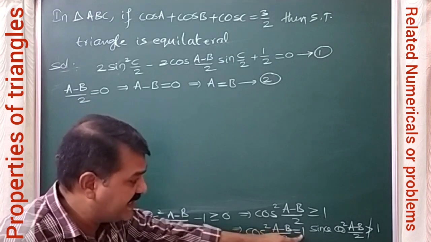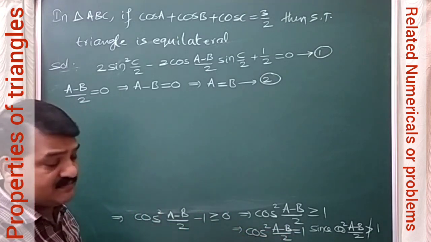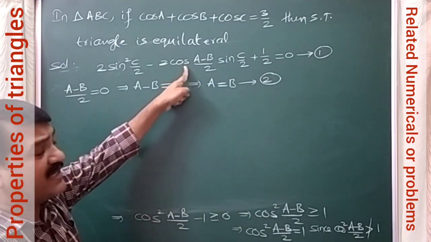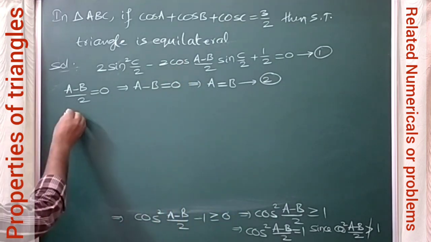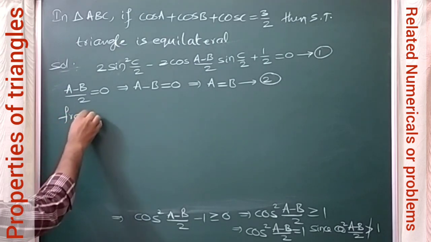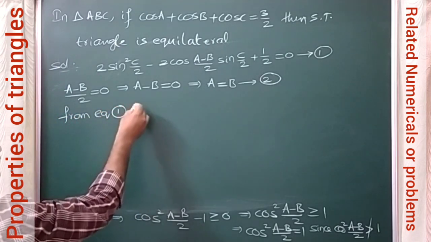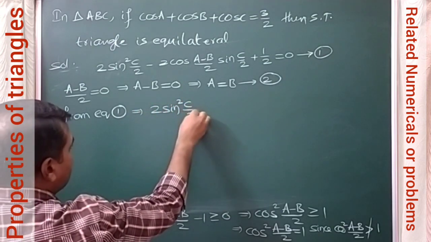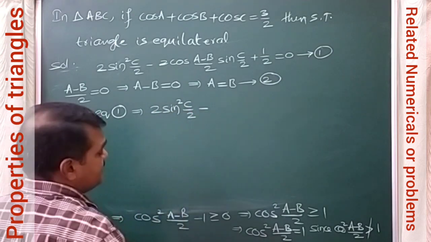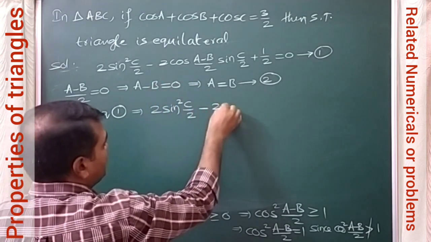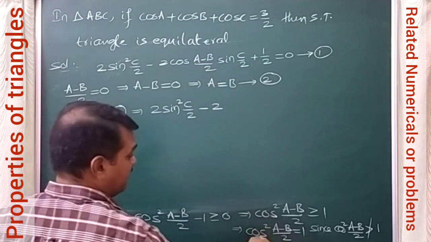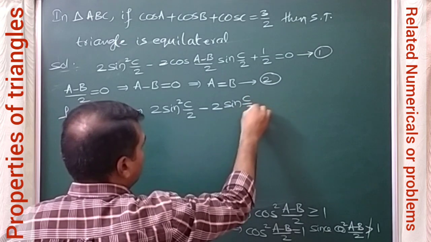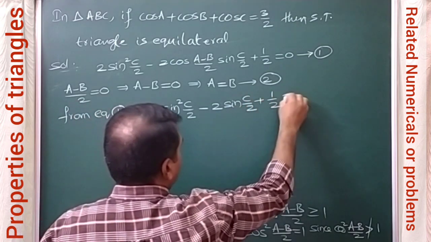So from equation 1, we will get 2 sin square c by 2 minus 2 into cos (a minus b)/2, which I am taking as 1, so minus 2 sin c by 2 plus 1 by 2 is equal to 0.